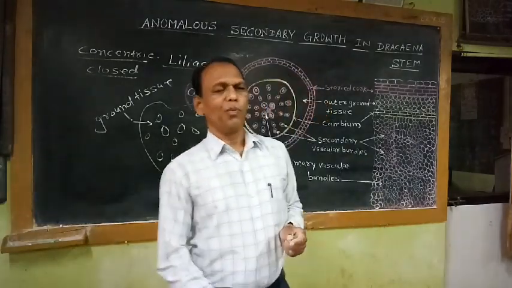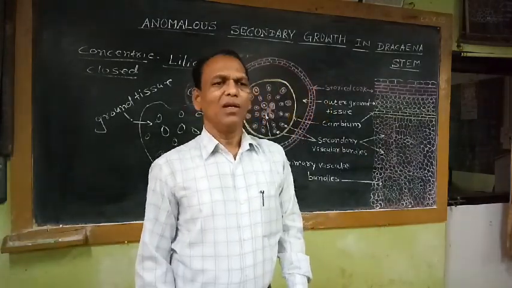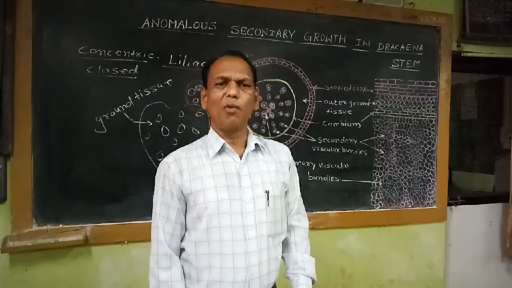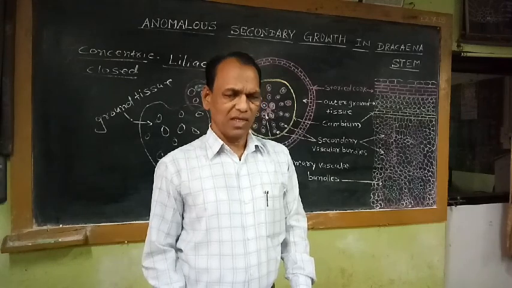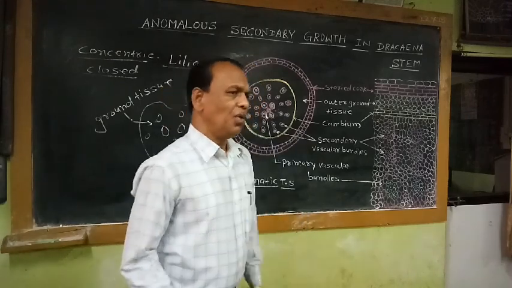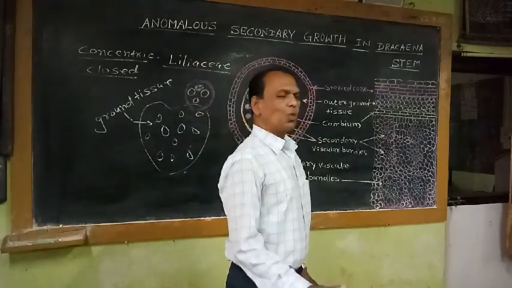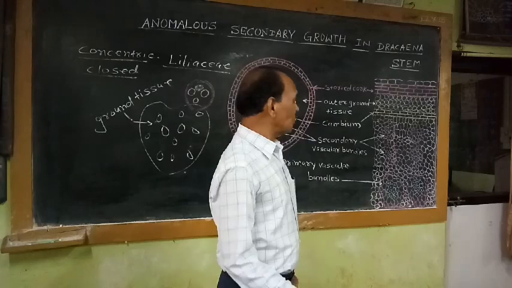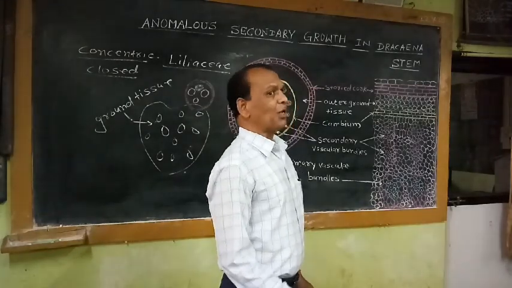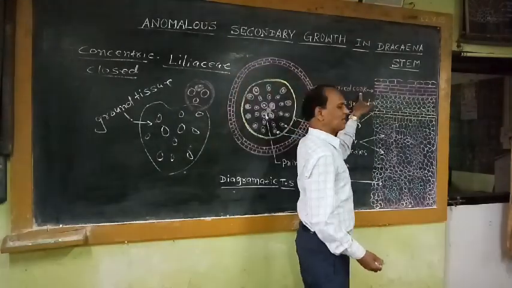So in order to prevent infection caused by the organisms present in the environment, such as bacteria, viruses, and fungal spores, and in order to prevent desiccation or excessive loss of water through the ruptured epidermis, the stem of Dracaena requires another protective covering. This protective covering is produced in the form of cork layers.